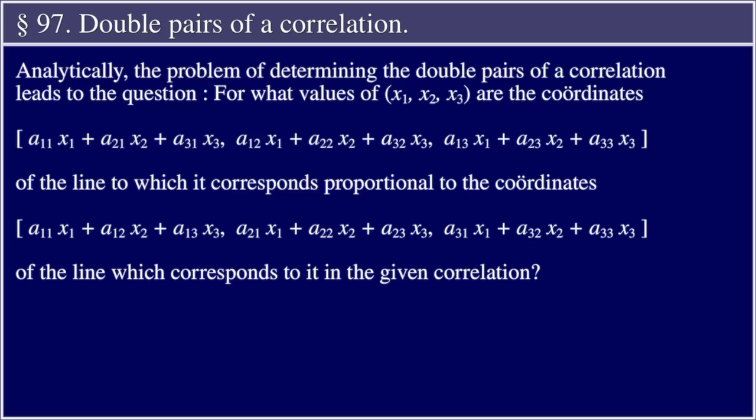Analytically, the problem of determining the double pairs of a correlation leads to the question, for what values of x1, x2, x3 are the coordinates a11x1 + a21x2 + a31x3, a12x1 + a22x2 + a32x3, a13x1 + a23x2 + a33x3, of a line to which it corresponds, proportional to the coordinates a11x1 + a12x2 + a13x3, a21x1 + a22x2 + a23x3, a31x1 + a32x2 + a33x3, of the line which corresponds to it in the given correlation.